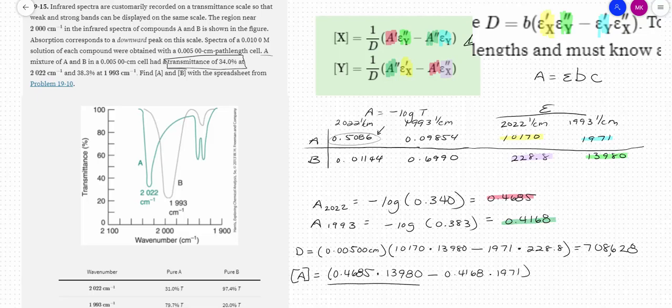And then I'm going to divide all of that by 708628. And then I get a value of 8.08 times 10 to the negative third.